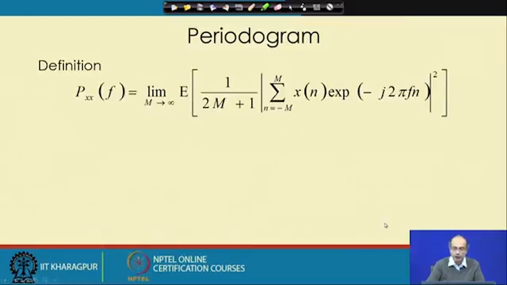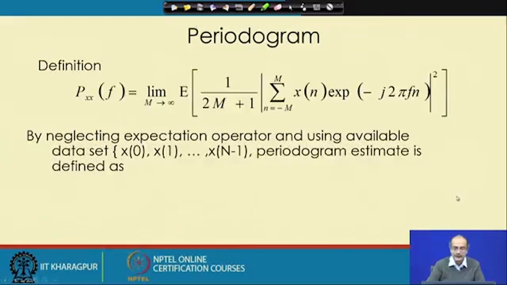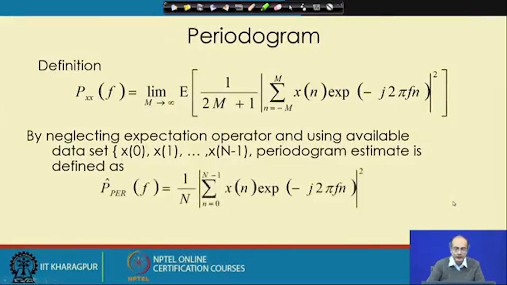artificial, we would like to actually change the indices for the data set, usually given in the form starting from 0 to n minus 1. That periodogram form would be a little different.